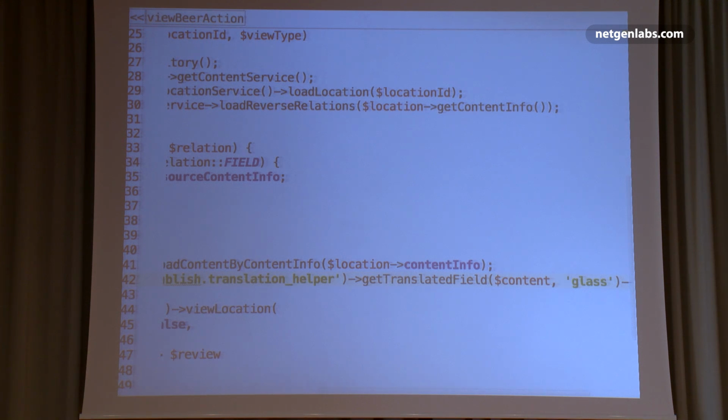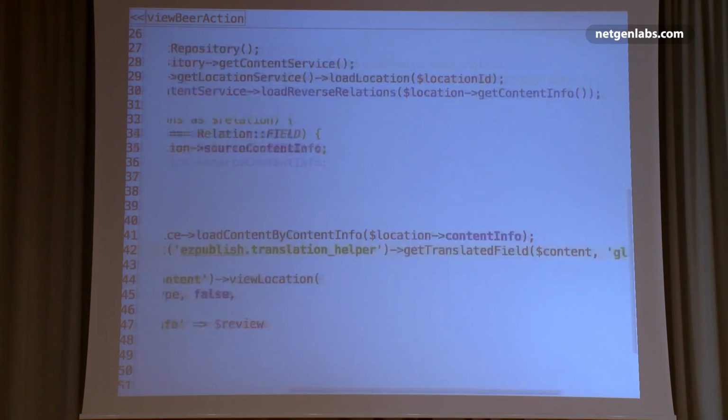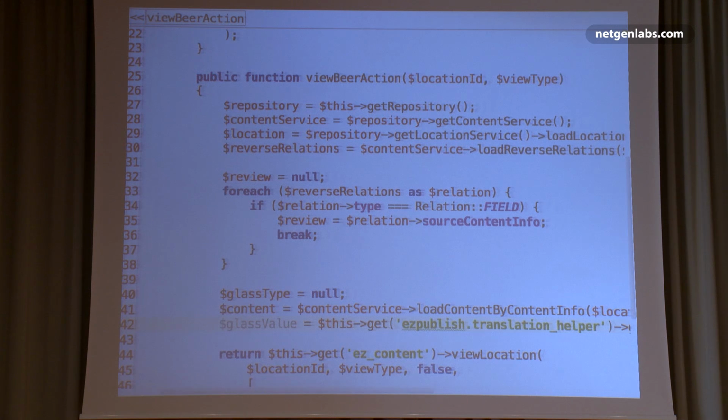Yeah. I can see that you are using load content by content info. Which one is more efficient to use, the load content by its ID? It really depends on what you have. Here we got the location, so if you have the location, you have the content info. The great advantage of load content by content info is that it's type hinted. So you can be sure of what you're passing.